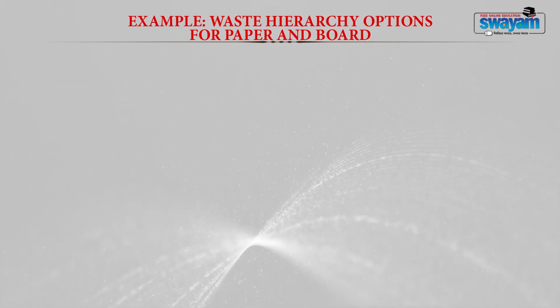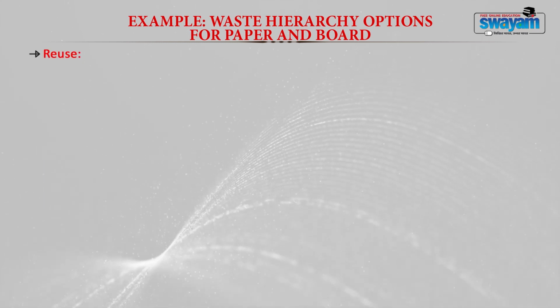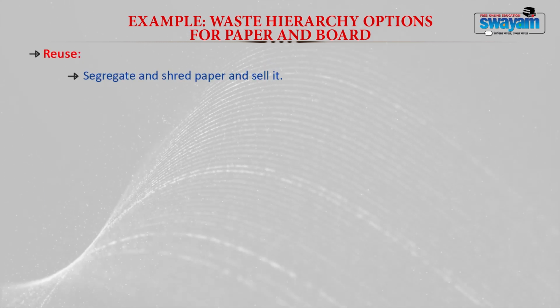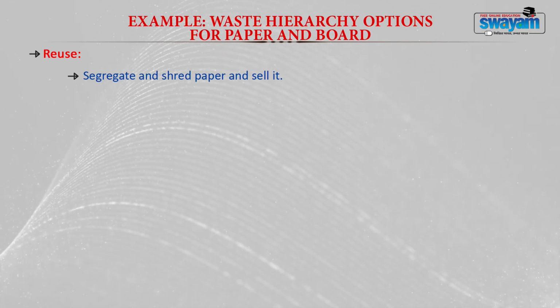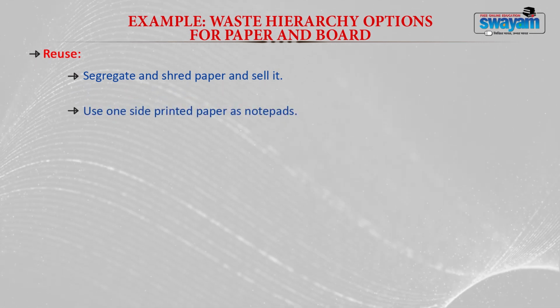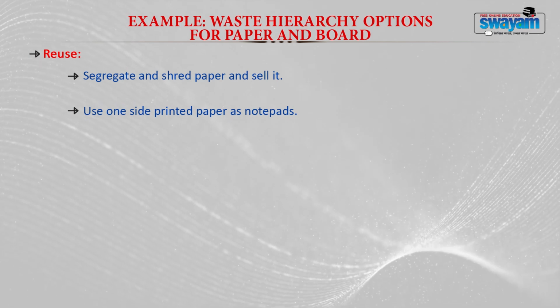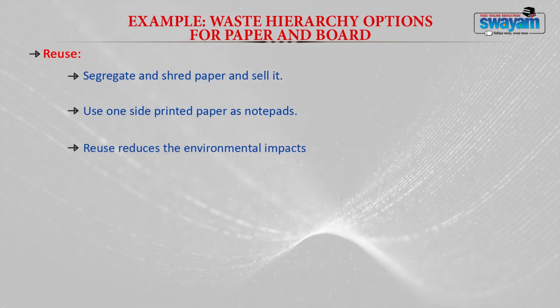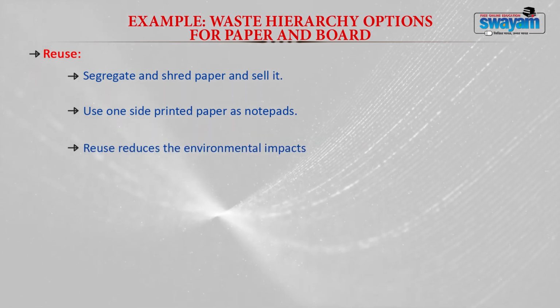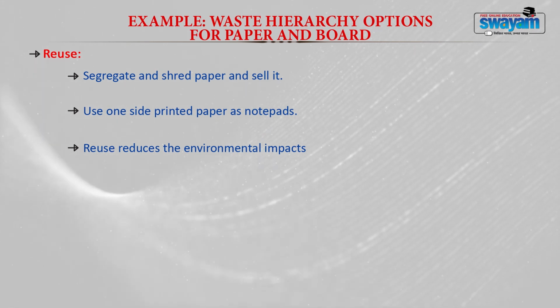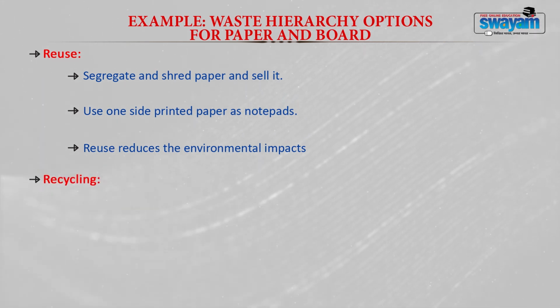Second option can be reuse. For reuse, we can segregate and shred paper and sell it. Use one-side printed paper as notepads. Reuse reduces the environmental impacts. Third approach can be recycling of the waste paper and board.